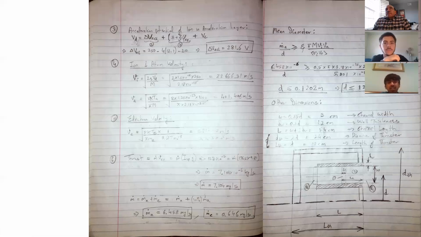So 3 plus 1. The 3 is the number of times you multiply the xenon first ionization potential to obtain the potential in the ionization region.